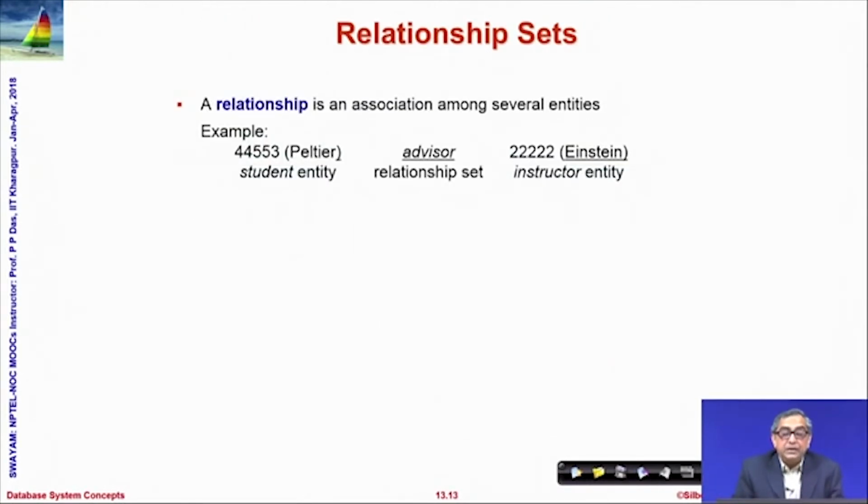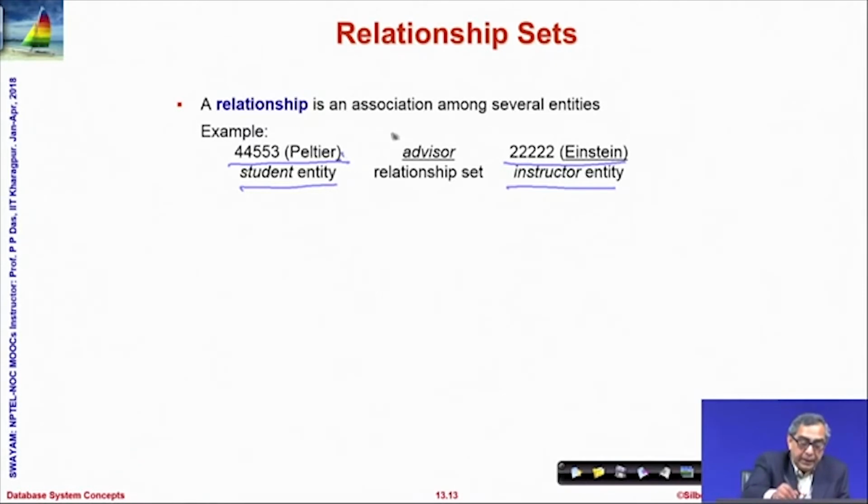A relationship is an association among 2 or more entities. So, here we have an entity shown as a student. This is a student entity identified by the student ID, which is a primary key in the student entity set. We have an instance of an instructor entity identified by the ID of the instructor Einstein, which identifies any instructor uniquely.